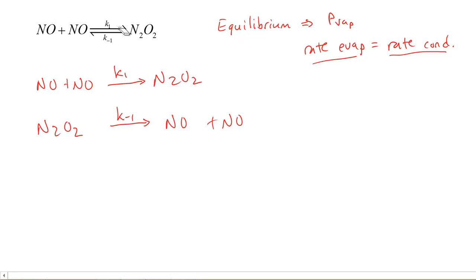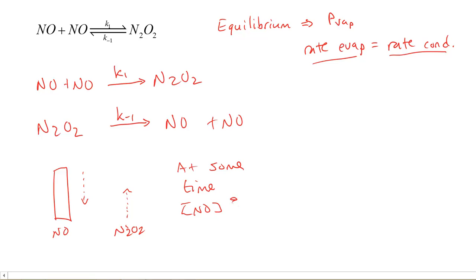So as our pile of NO dwindles and slowly goes down, our pile of N2O2 will start to go up. And at some point, their concentrations will be just right. At some time, the concentrations of NO and N2O2 will allow the rates to be the same.